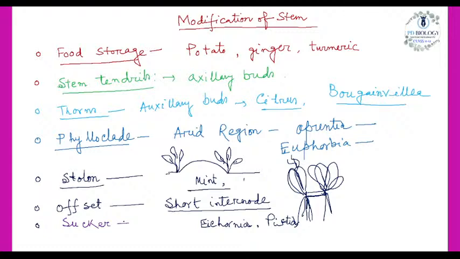Suckers are present in banana, also in pineapple, and a common example is chrysanthemum.